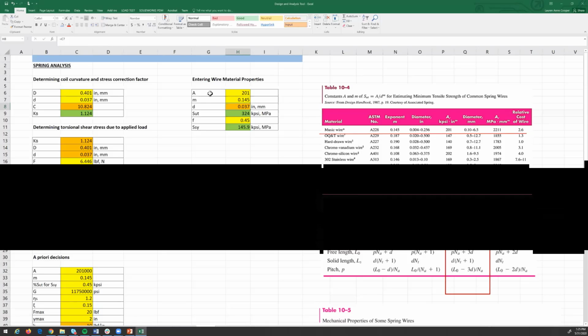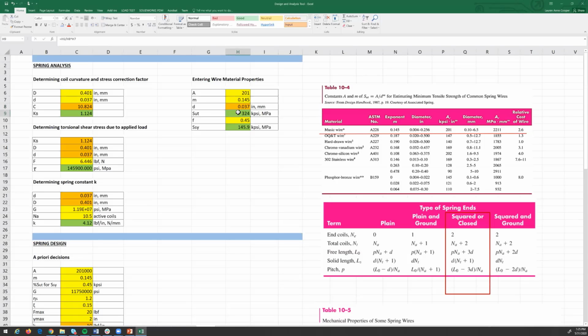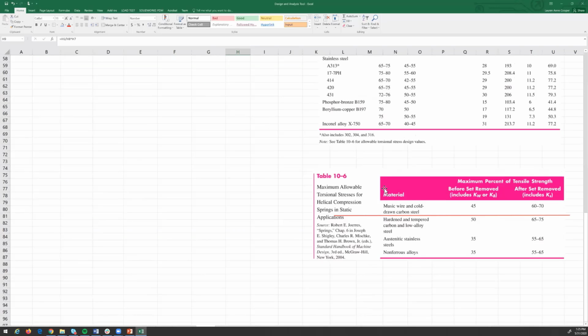You need these constants A and M to estimate the ultimate tensile strength. So you see up here, SUT equals A over D^M. So for music wire, if we are in English units, A is 201, and then M is 0.145. So that gives us an ultimate tensile strength of 324 kpsi. This F is from table 10.6, the maximum allowable torsional stresses for helical compression springs in static application.